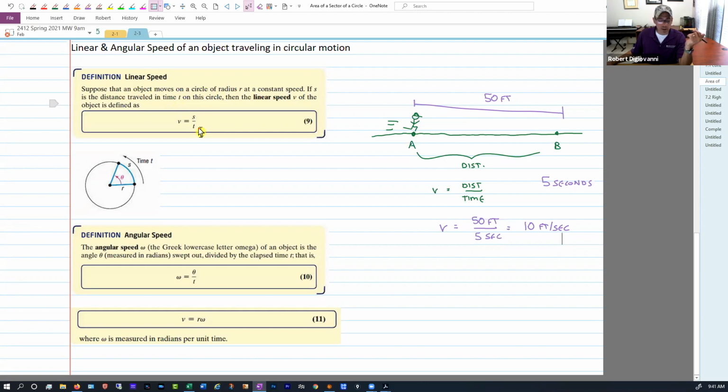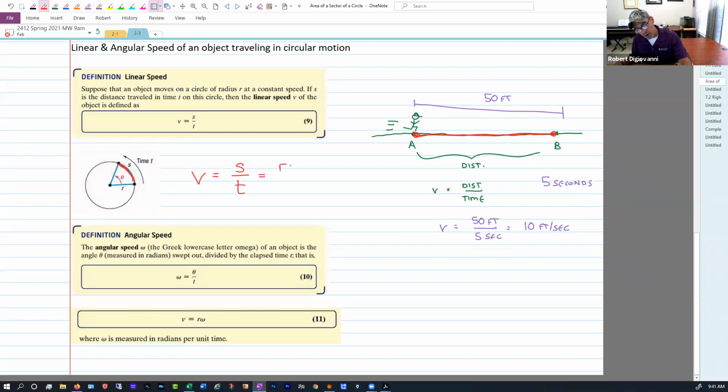All that means is we're going to take the measurement here, whatever this arc is, like this distance from A to B that the person ran. So we have to use the formula for that. When we look at that formula, it's S divided by T.